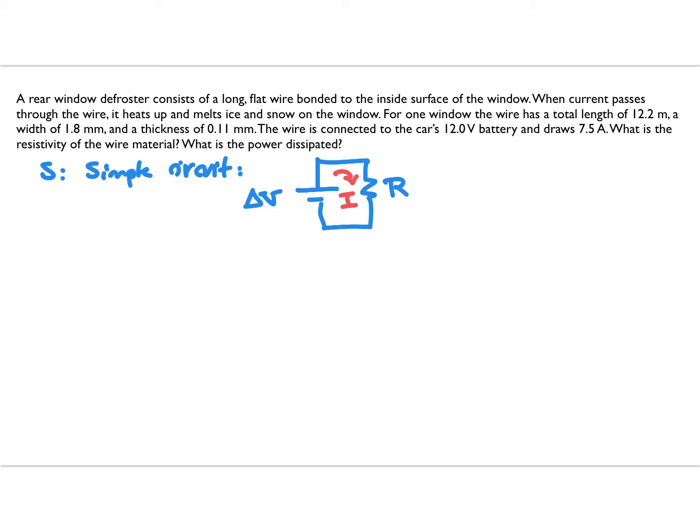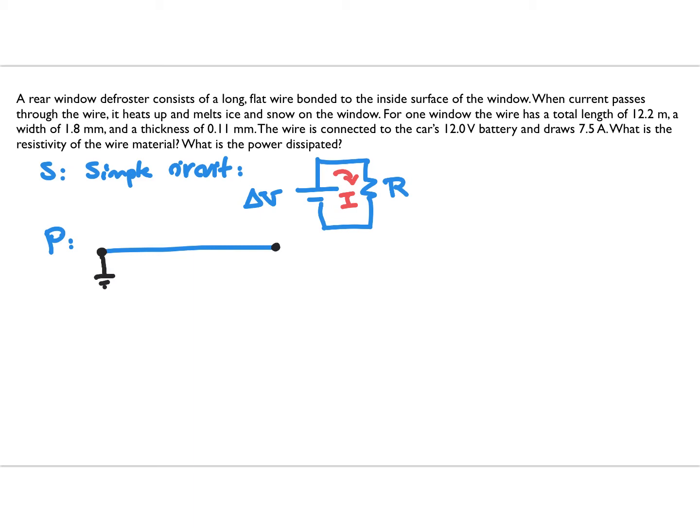For my preparation, I'm going to draw some details. Let's make a diagram here. The wire itself has a length of 12.2 meters from end to end, and I put a potential difference across the ends.